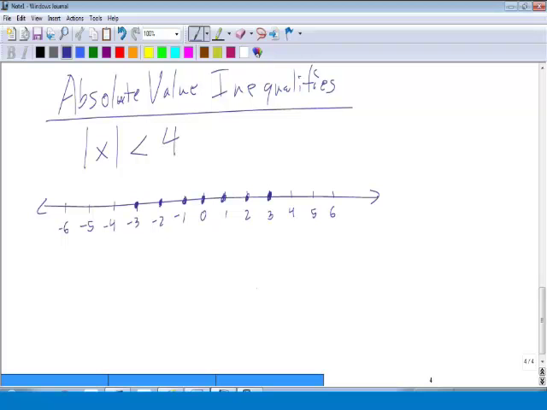Now we can expand this. Let's go beyond the integers to allow for rational numbers or irrational numbers that lie in between the integers, like 3.5. How about 3.5? 3.5 has an absolute value of 3.5, and that's less than 4. 3.9. Yeah?